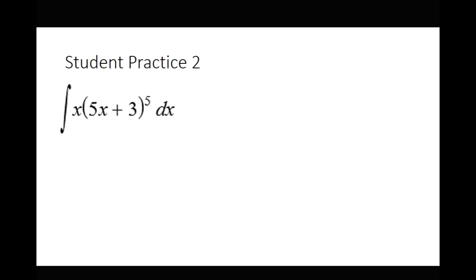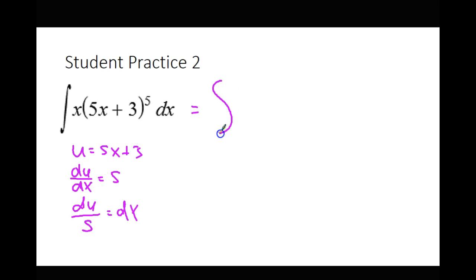All right, so Caitlin Smith, what's my u? Good. Which means that the derivative is 5. We have that. So let's do our u substitution here. So I'm going to ask Matthew, if I do my u substitution right now, what do I have? u to the 5th times x.